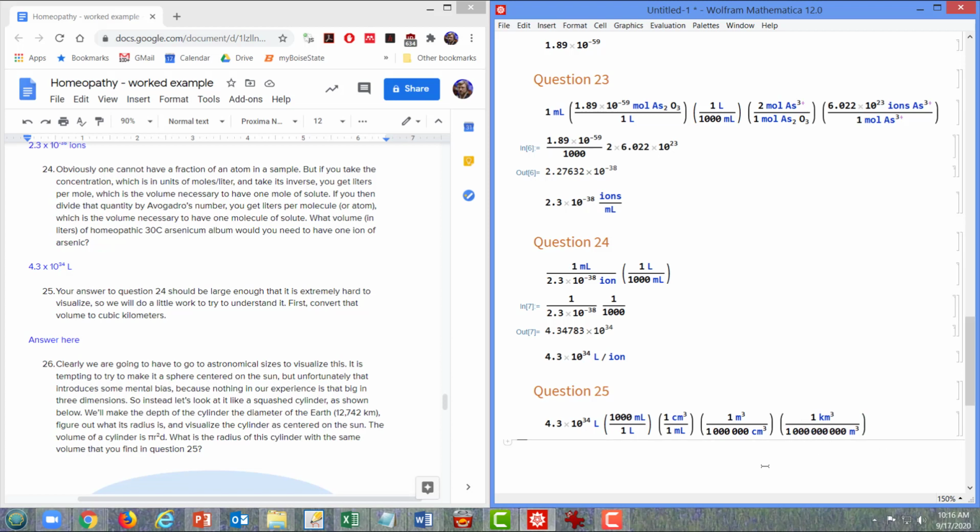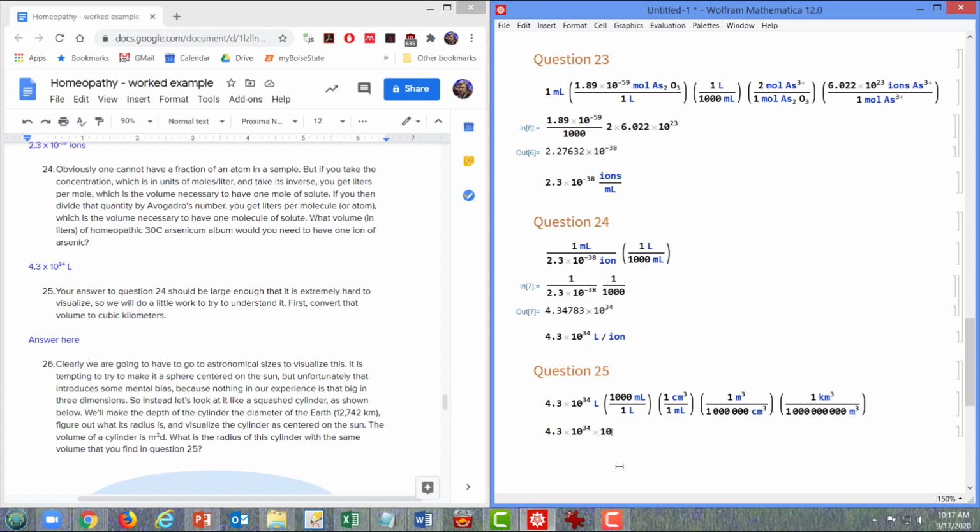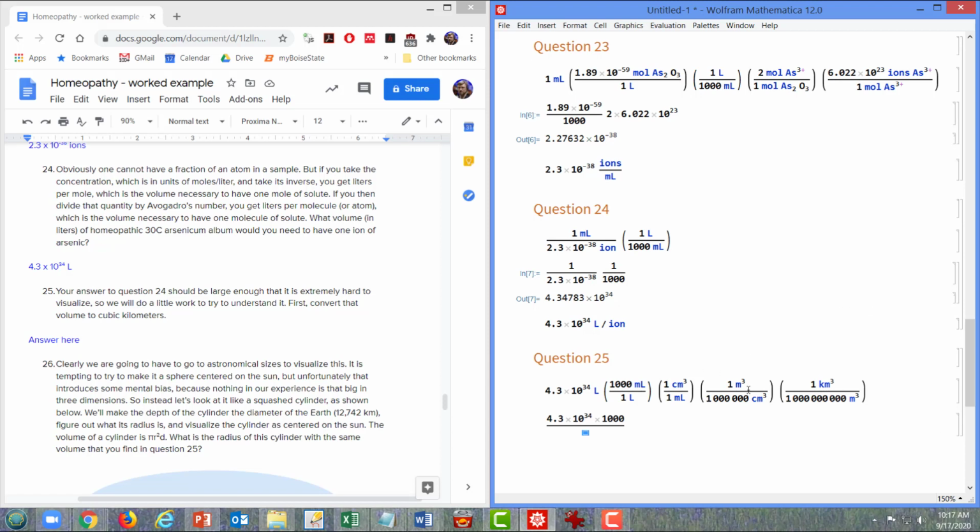So getting to cubic kilometers, we take these numbers. So we take this times 1,000 divided by 1,000,000 and by 1,000,000,000.